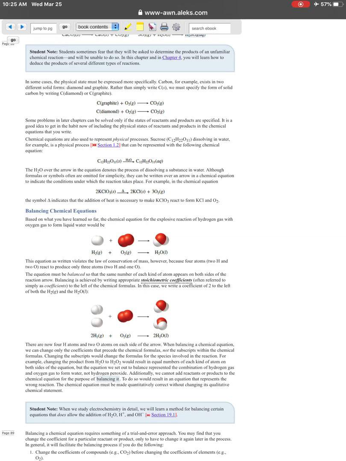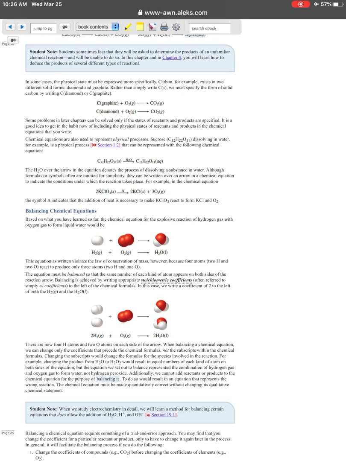The symbol triangle indicates that the addition of heat is necessary to make KClO3 react to form KCl and O2. So the symbol, the little triangle, delta, means that it's being heated, and heat is required for this reaction to take place. Balancing chemical equations.